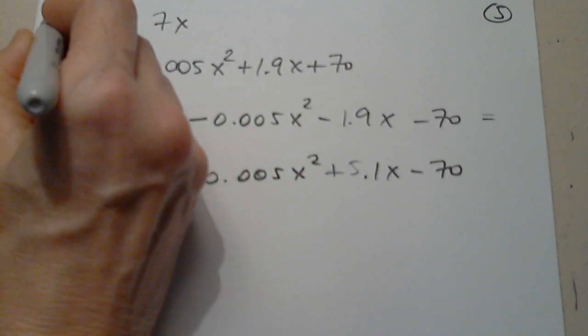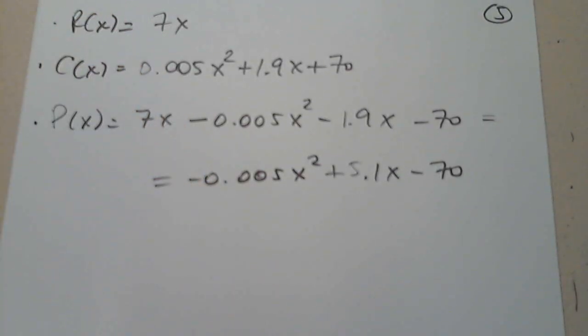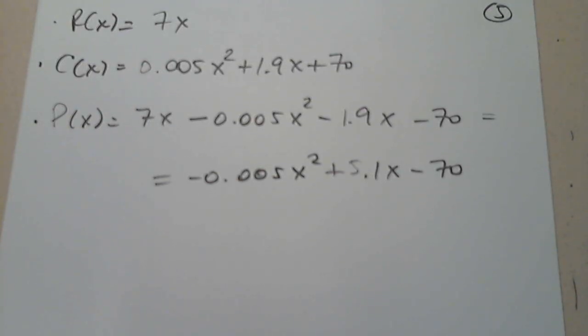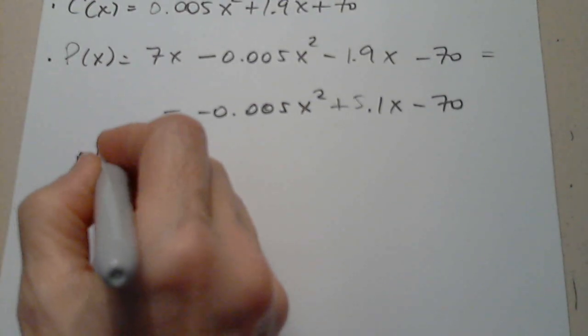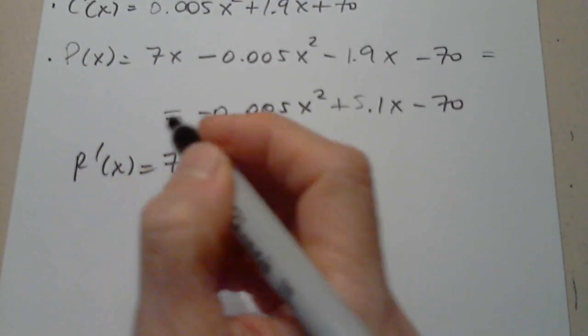I will enter all these 3 functions in the graphing calculator and I will plug in 150. There is no need to do it separately. So put everything in the calculator in y equals. Let's also calculate the marginals and then put all of them. So R prime of x is 7.